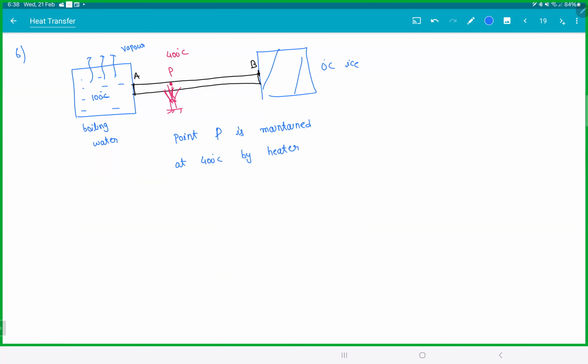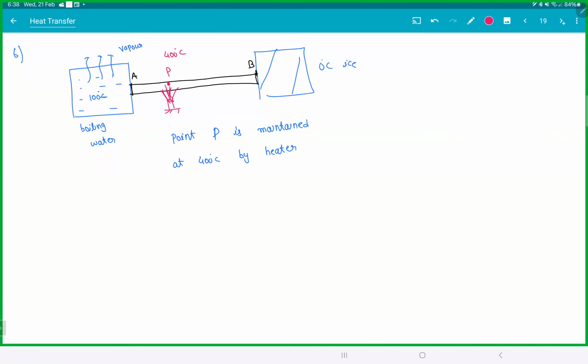And assume there's no other heat loss. Now tell me, heat will flow from where to where? Heat will go from P to water. It will also go from P to ice. Heat will flow in both directions because P is at higher temperature.